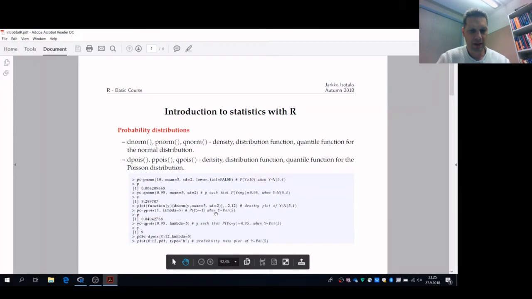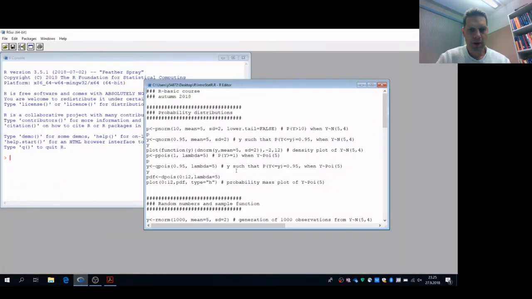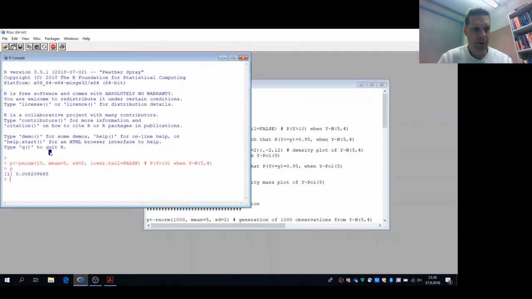So if we go to R, we can do the same things here. So here is this function of pnorm, how to use that. So this gives us this sort of a probability.